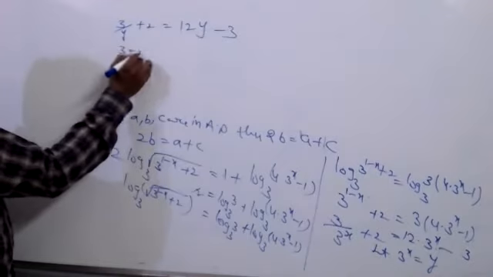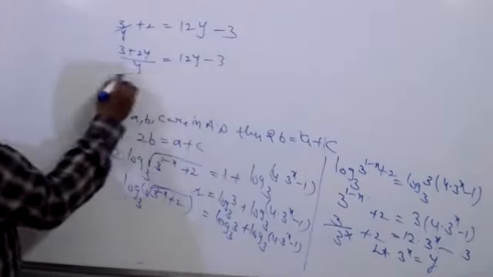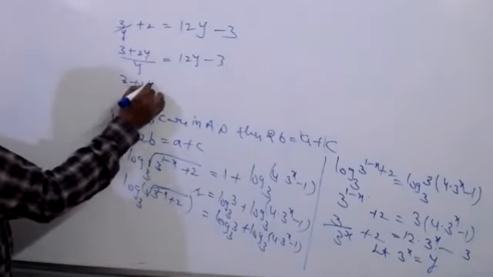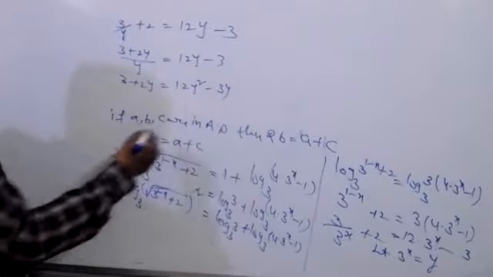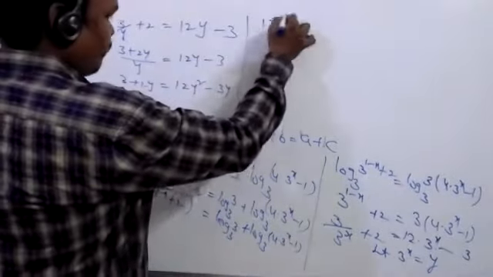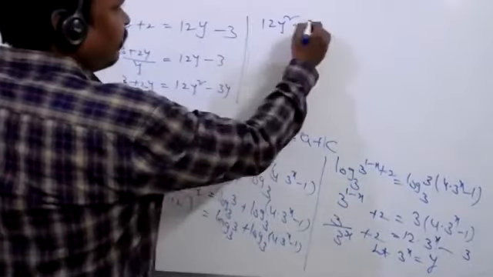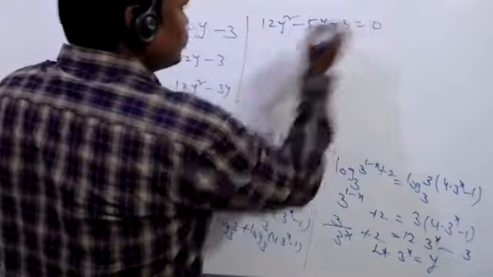Now 3 plus 2y upon y is equal to 12y minus 3. Now 3 plus 2y is equal to 12y square minus 3y. Now here 12y square minus 5y minus 3 is equal to 0, right?